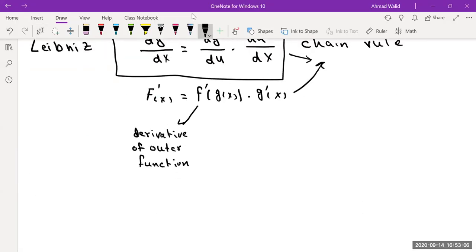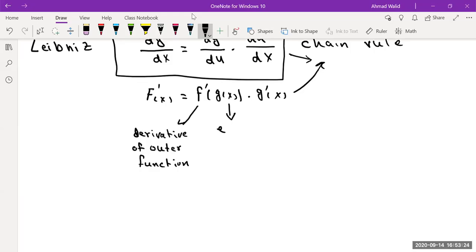Times g of x. What is the meaning of g of x? You are taking the derivative of the outer function evaluated at the inner function.